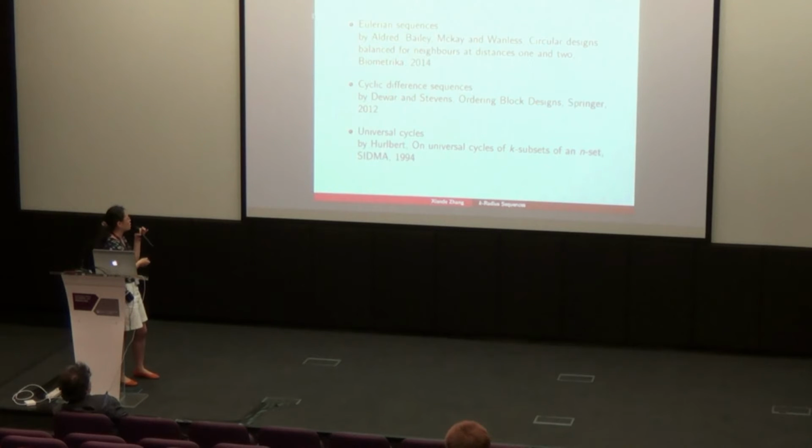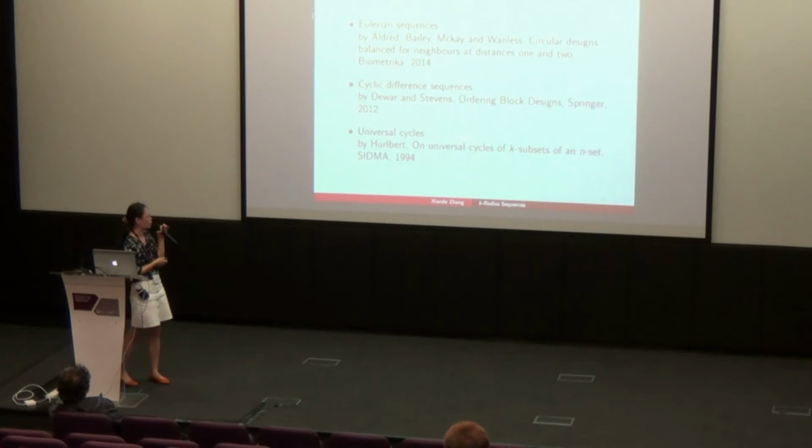And for universal cycles, it was introduced by Chung and Graham a long time ago, and there is big progress by Herbert in this paper. They also use a similar idea. They form a generator, then develop it to be a universal cycle, but their case is much more complicated. I just mention the definition of universal cycle of k subsets of an n set.